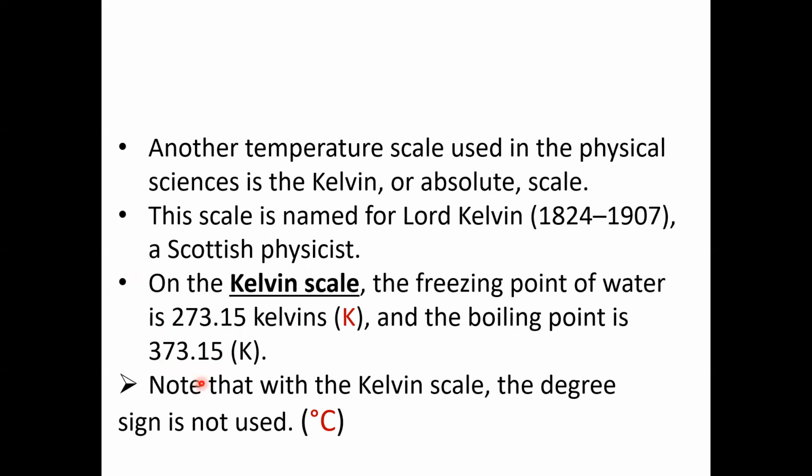We have to note that with the Kelvin scale, the degree sign is not used. We just put the letter K. For the Celsius, we have to put the degree sign.